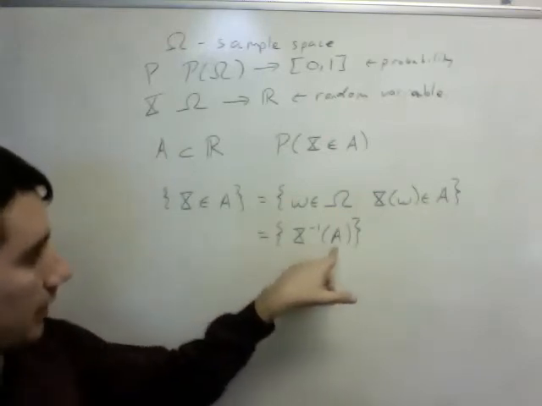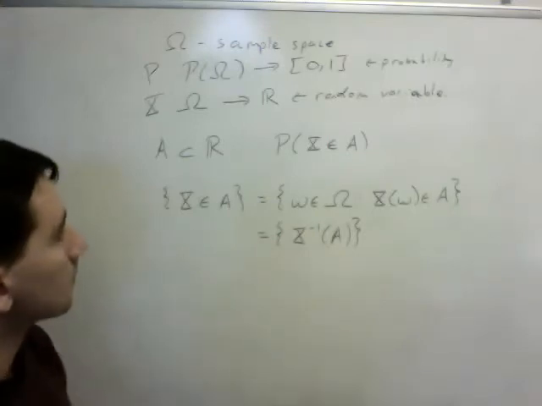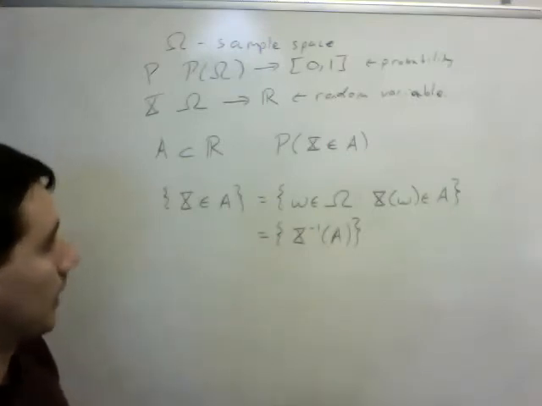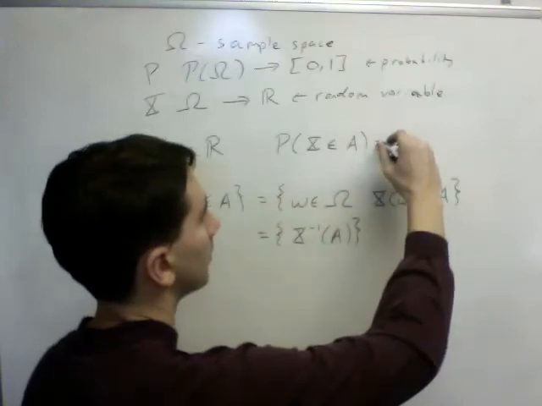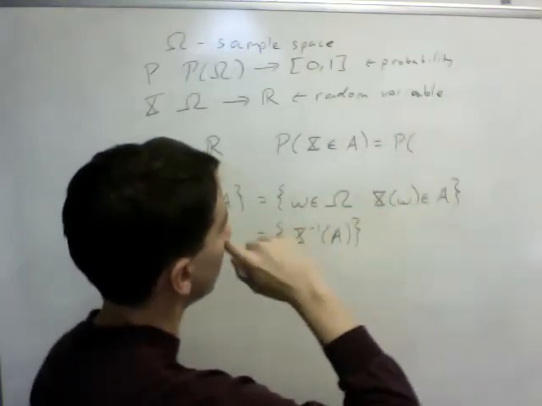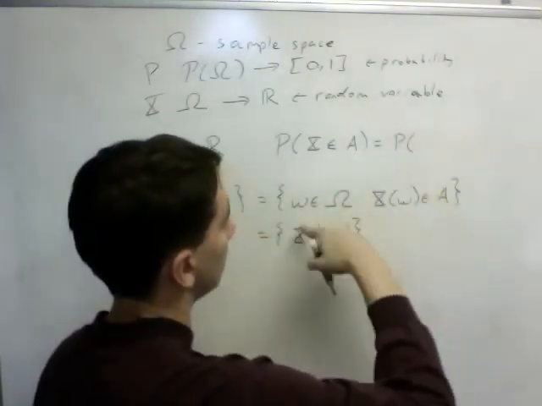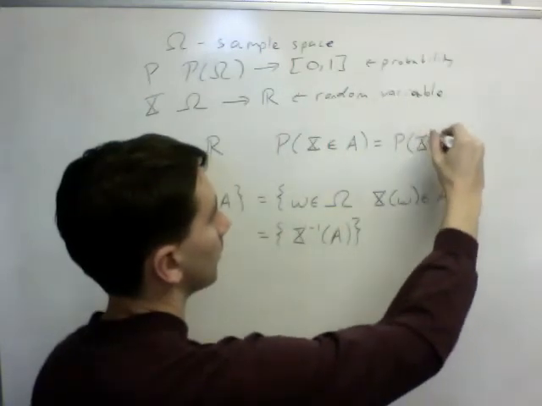It's just whatever things get mapped into A. And so the probability that X is in A is just the probability of this set, or the preimage of A, if you like.